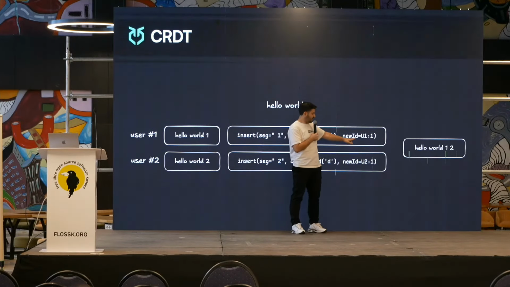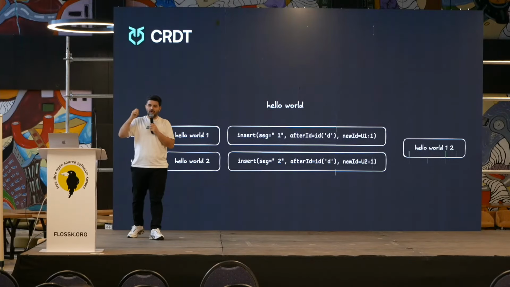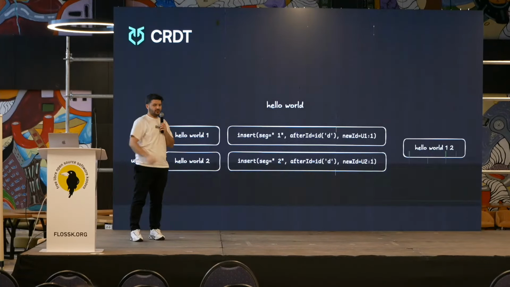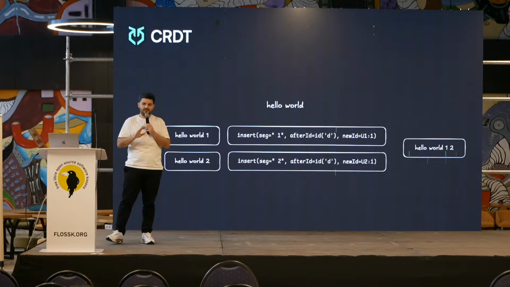There are some algorithms that do the opposite, so you might see the 2 before 1. But the thing that Yjs and CRDTs guarantee is that you will always see hello world 1, 2 whenever the changes came. So the last state is always the same, but some details might be different in different implementations.